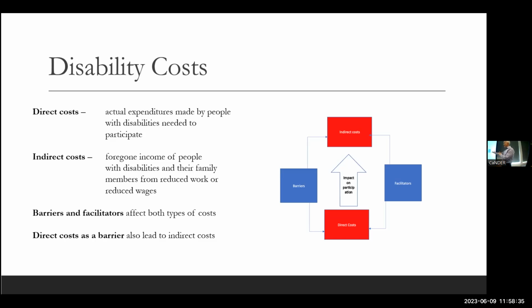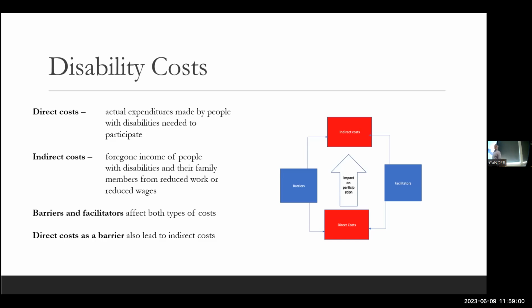And there are various barriers and facilitators in the environment that affect both types of costs. But they're not totally separate, right? Because direct costs can serve as a barrier to indirect costs. If I have certain barriers and I need a certain amount of resources to overcome those barriers, and I don't get them, it's going to affect my ability to participate, which is going to affect indirect costs.